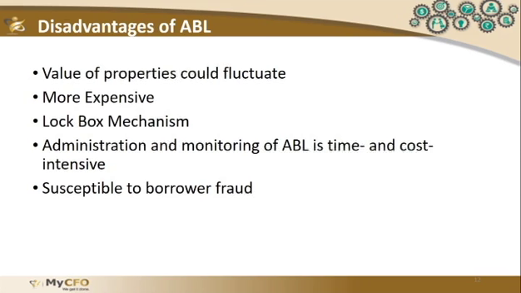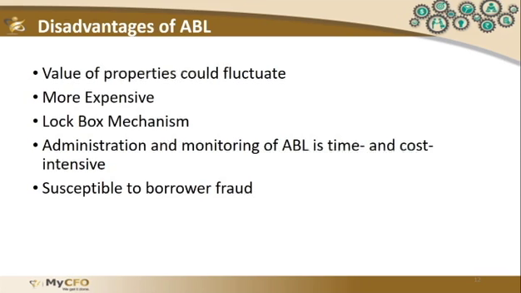Another potential disadvantage to the borrower is that the loan agreements typically allow the lender to take control of the borrower's cash. It is referred to as the Lockbox mechanism, wherein the entire collections on invoices are directed to an account which is called Lockbox Dominion on Cash.